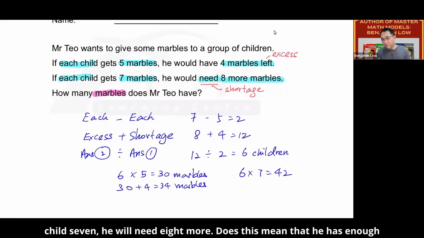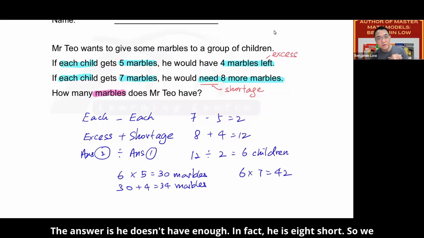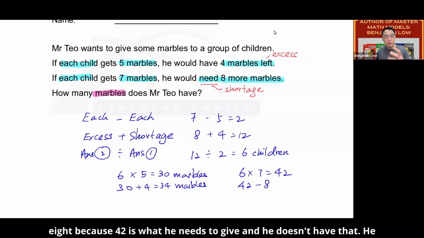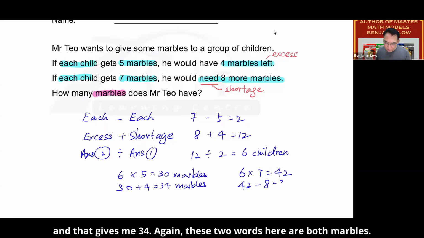Does this mean that he has enough or not enough? The answer is he doesn't have enough. In fact, he is 8 short. So we must now take 42 minus 8, because 42 is what he needs to give, and he doesn't have that. He is 8 short. So minus 8, and that gives me 34.